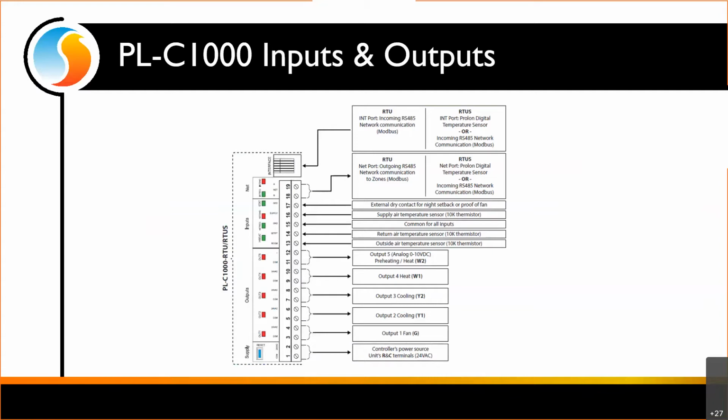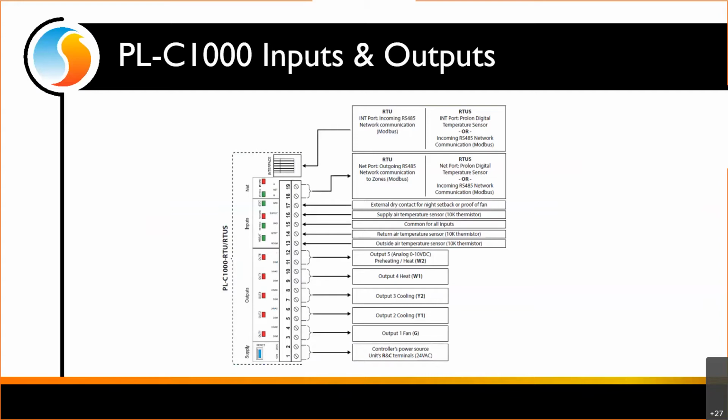And on terminals 13 to 17, we can see the different inputs for the different temperatures and the dry contact inputs. And finally, terminals 18 and 19, those are the communication terminals. So when you want to daisy chain multiple of these all together, those are the 2 terminals where you are going to land your wires.